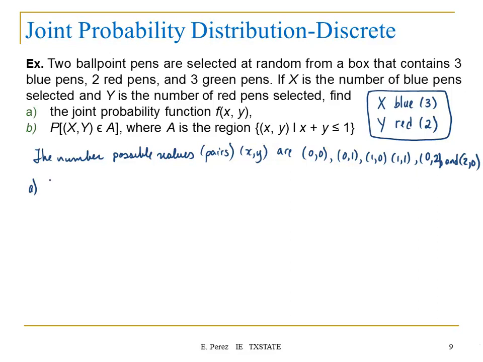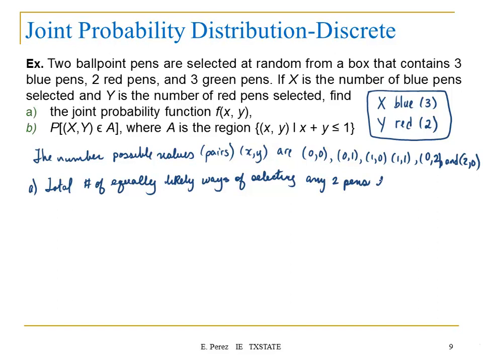So the total number of equally likely ways of selecting any 2 pens from 8 equals this, which is equal to 28.